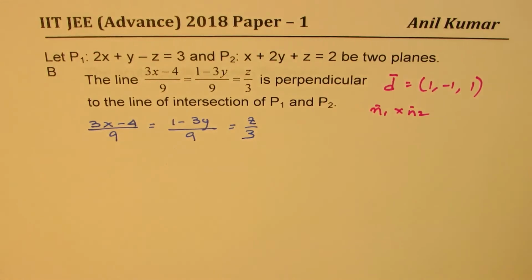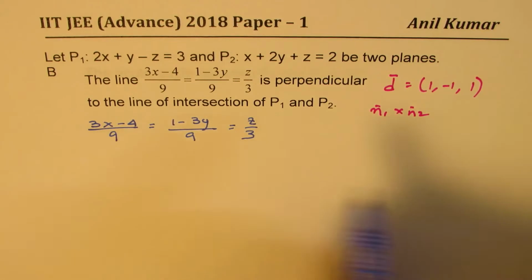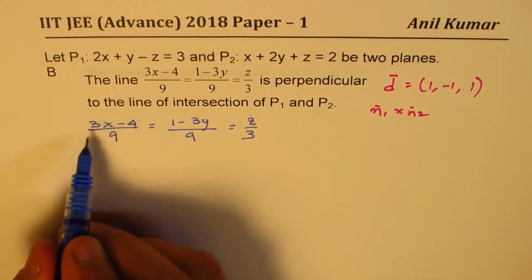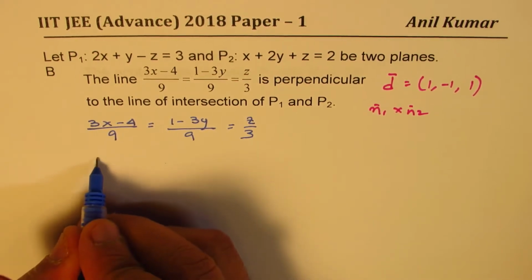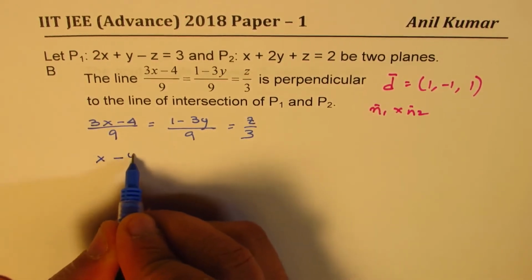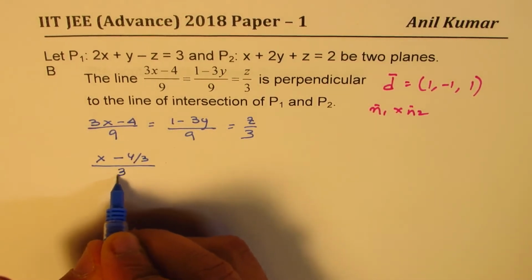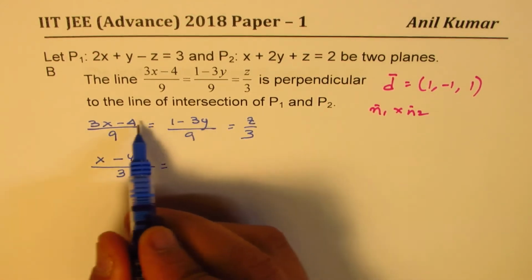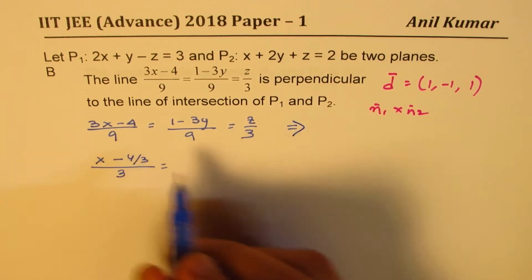How do you get the direction of this line? Well, we should write it in standard form, that means (x minus x1) over denominator. So what we get here is that we have to divide by 3. So we get this as (x minus 4 over 3) over (9 divided by 3), which is 3. Now in this case, we have to write this first, so that's tricky. Let me rewrite this once again.